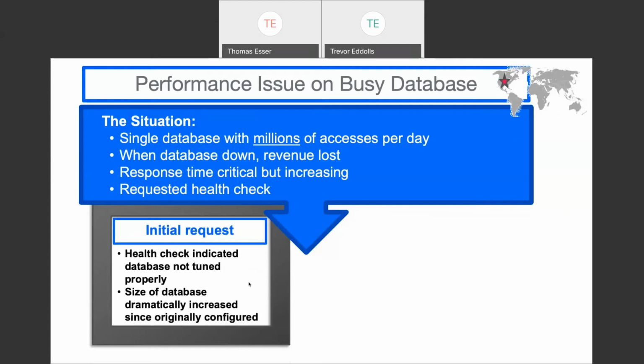What was also figured out is that the size of the database had dramatically increased since the time the database was originally configured. And this is something you see very often: when you create a database, business is growing. That's a good part, and if the business is growing, databases are growing.